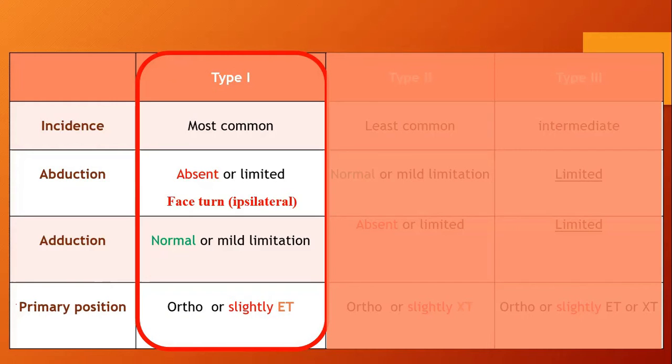If you remember the previous presentation yesterday, we mentioned that if the abduction or the lateral rectus is not acting well, the face turn will be on the same side, because the lateral rectus or the abduction is a movement that occurs on the same side.